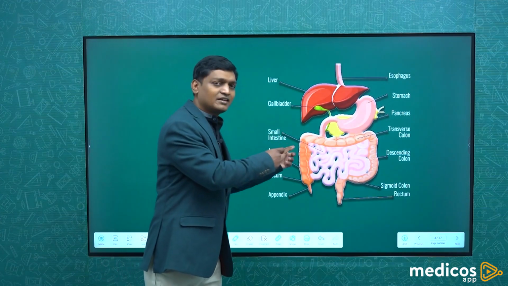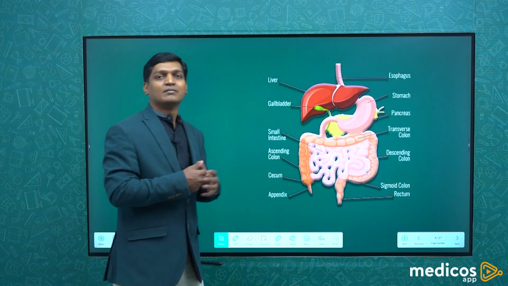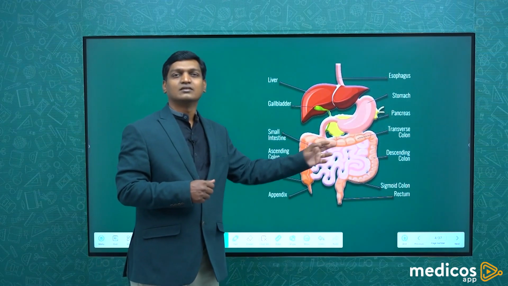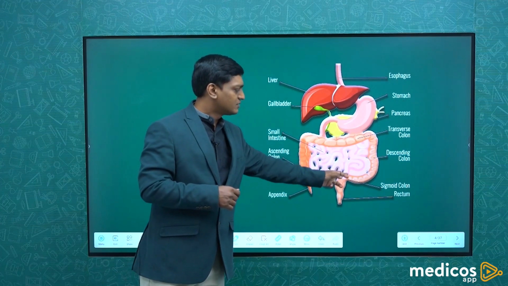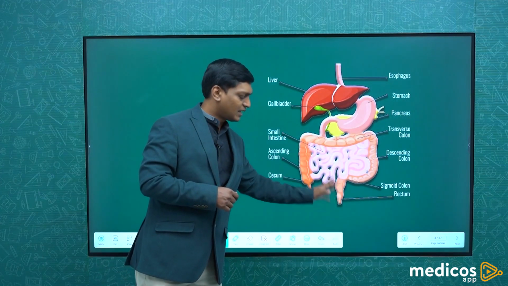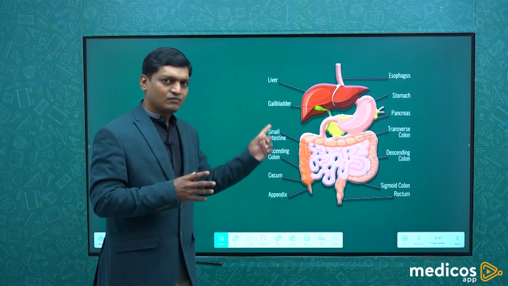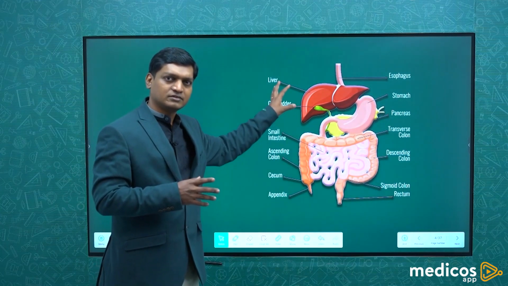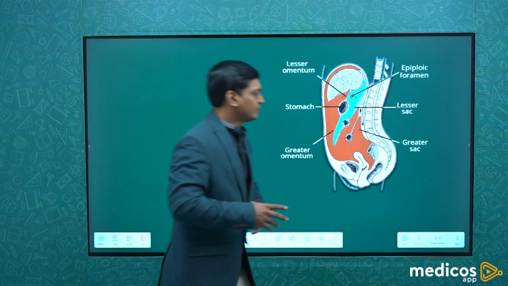Stomach is extending there as the duodenum, jejunum, ileum. Then we have the colon: ascending, transverse, descending, sigmoid, rectum, anal canal. Now, my suggestion is first understand the relations, then go to the peritoneum.